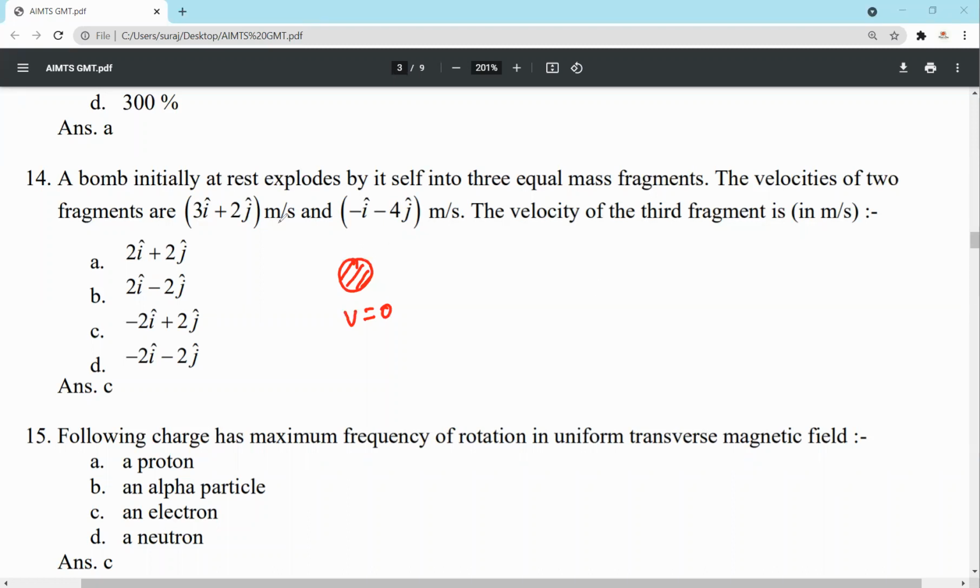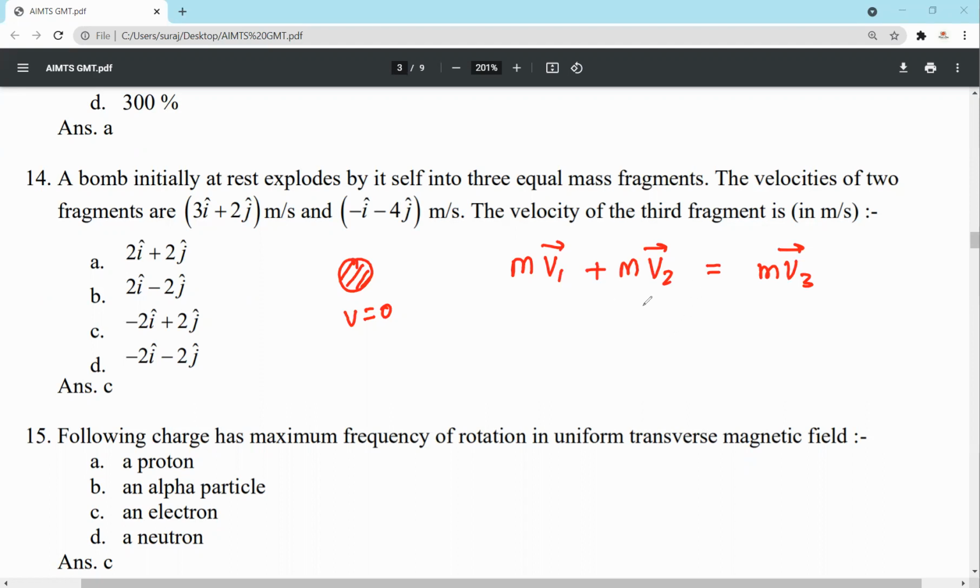So let us say the first mass has, or I can write it like this: m v1 vector plus m v2 vector should be equal to m v3 vector.